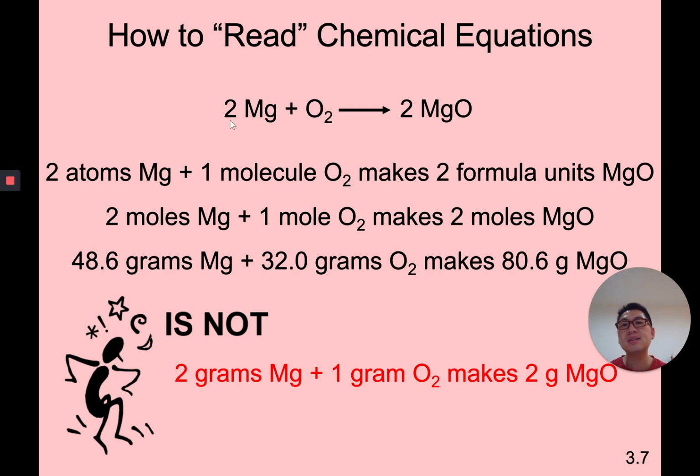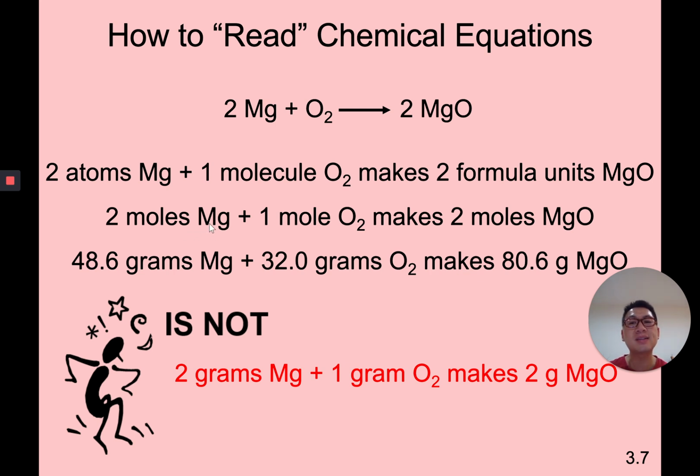You're like, but it says 2 magnesiums, 1 oxygen, 2 magnesium makes 2 magnesium oxide. Yes, in moles or in molecules or atoms, but not in grams. If you wanted grams, you would have to convert moles into grams. How do I convert moles to grams? You would have to look up on the periodic table the molar mass.